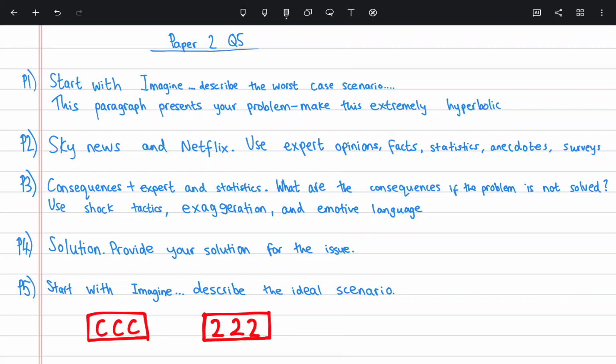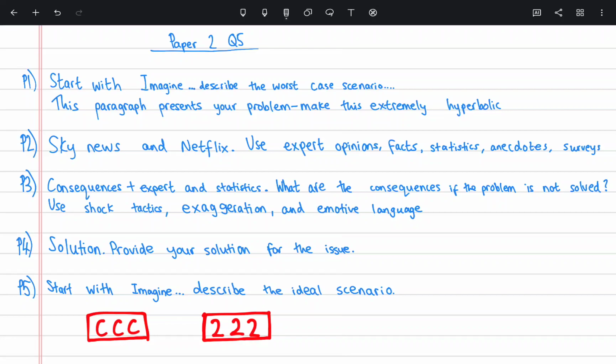You have to always show the CCC, which stands for convincing, compelling communication. So your answer needs to be convincing, okay? It has to sound believable, it has to be persuasive, it has to be compelling, okay? So that means your answer must be interesting and your communication must be clear, okay? So when you get your point across, it must sound clear, and that's something that you have to demonstrate consistently.